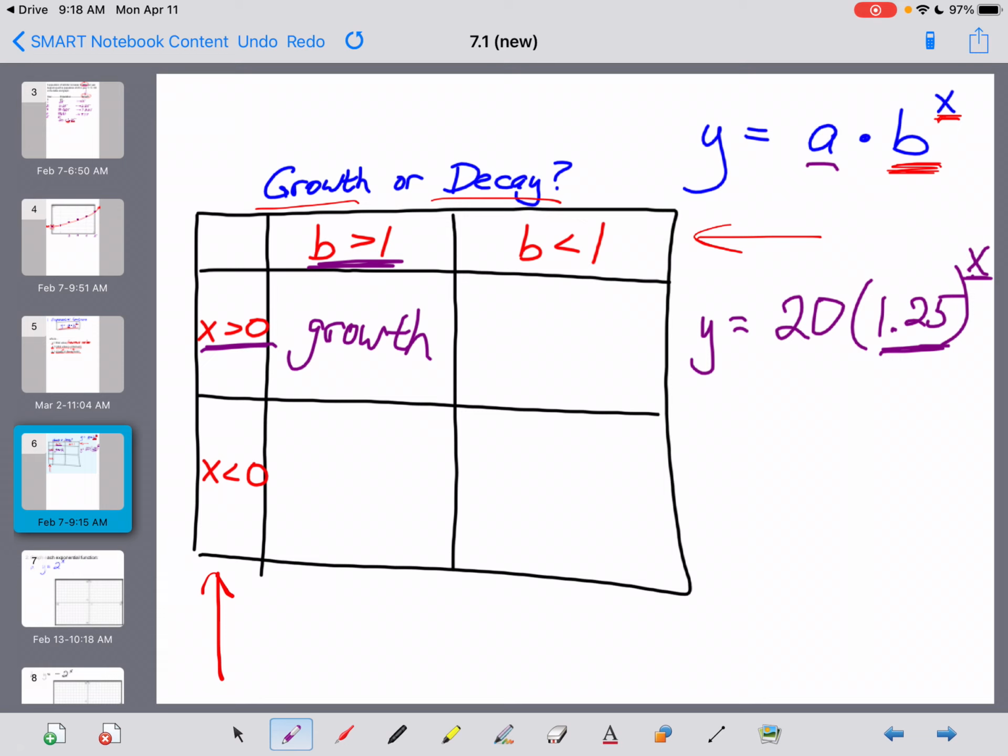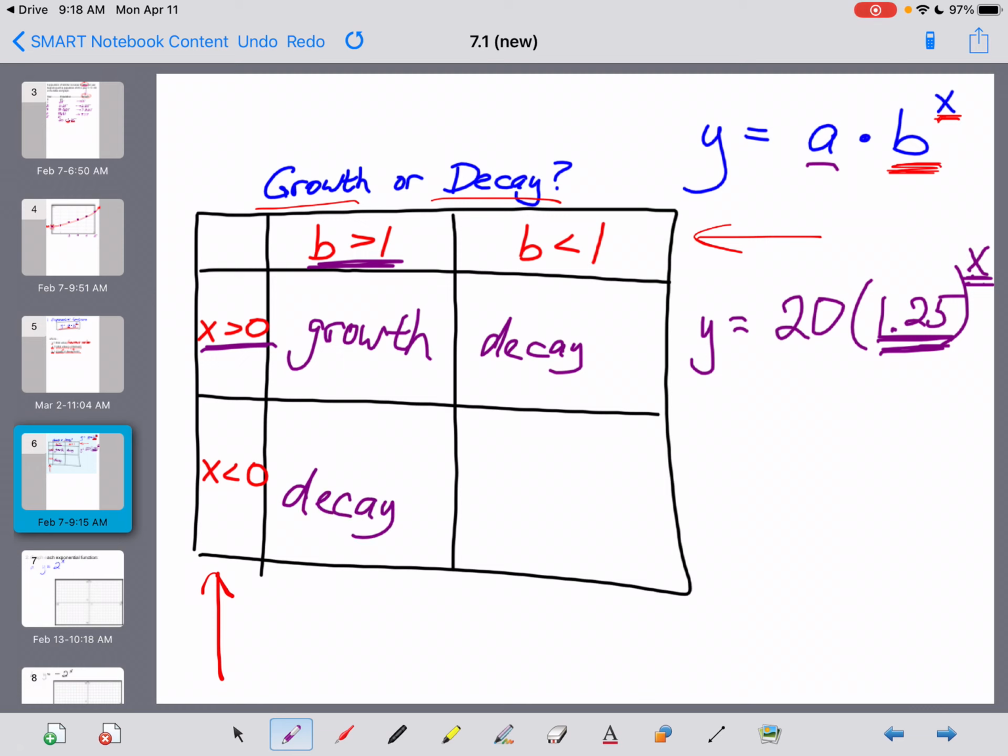Now, if we flip things around a little bit, if this b value here had been less than 1, for example, if it was 0.75, that would mean that we're actually losing population each year, and that would be a decay model. All right. In this third box, the one in the bottom left right here, if that x value was actually a negative number, that also would be a decay model here.